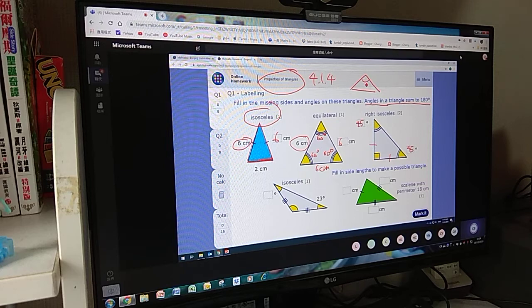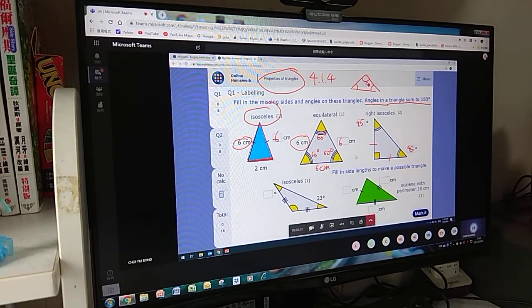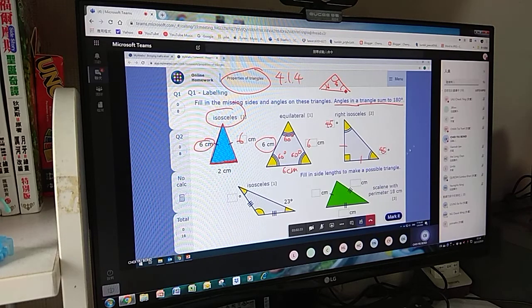The meaning is this angle plus this angle plus this angle. I assume this one is A, this one is B, this one is C. A plus B plus C will be equal to 180. So for the equilateral one, if the 3 angles inside the triangle are the same, I assume this one is A, then A plus A plus A is 180. So A will be equal to 60.